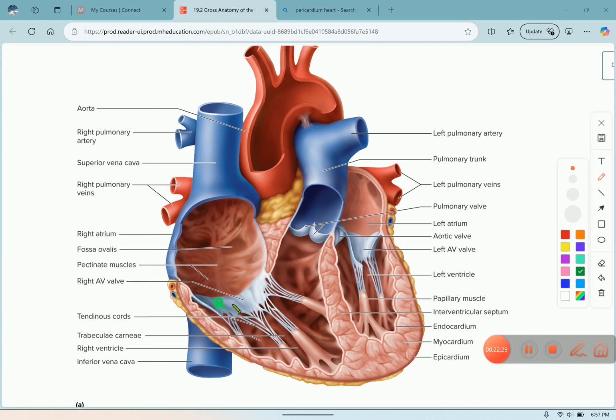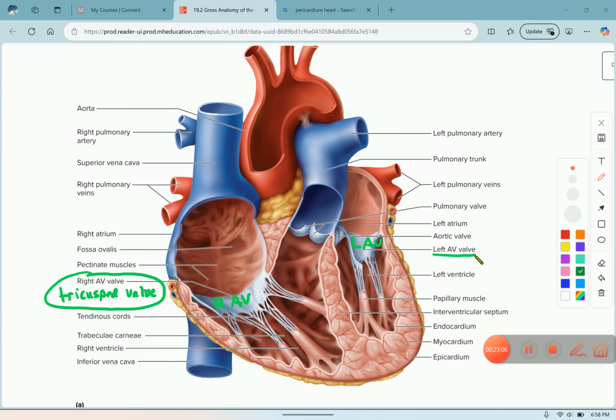Here is the right AV valve, and this is the left AV valve. Another name for the right AV valve is the right atrioventricular valve or the tricuspid valve.